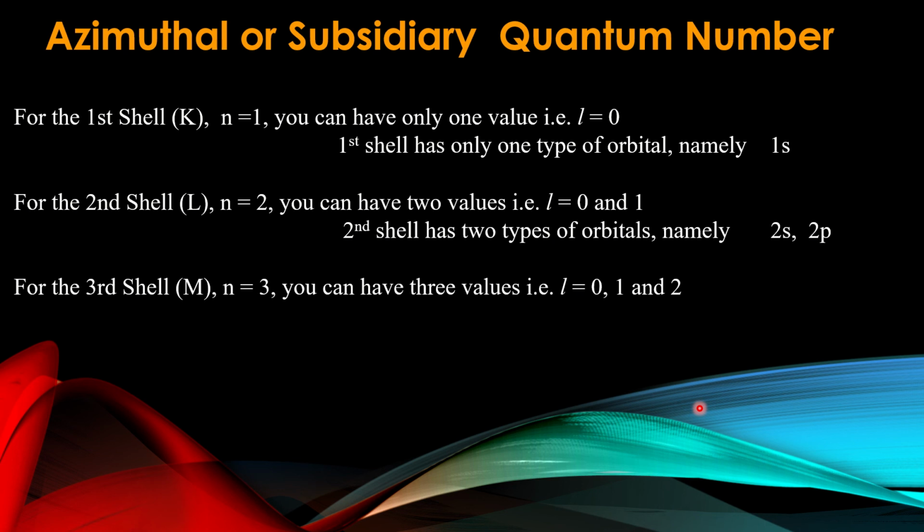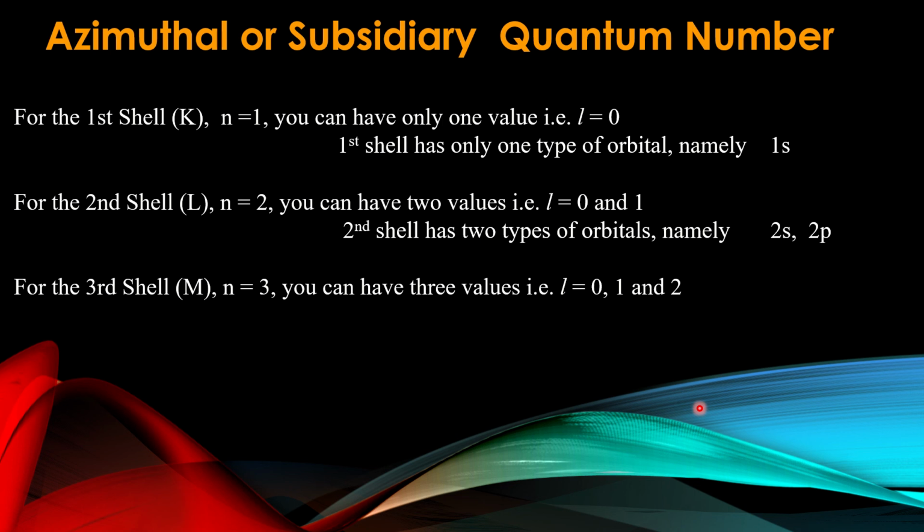Now for the third shell, M shell, when n equals 3, how many values of l are there? l equals 0 to n minus 1, that means 0 to 2. That means l has three values, 0, 1 and 2. So for these three values, there are three types of orbital.